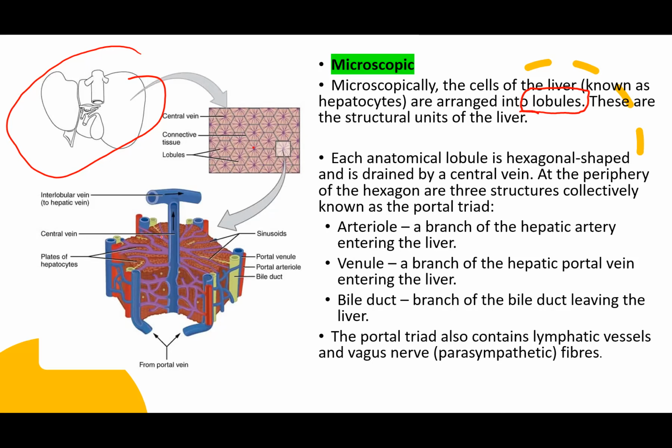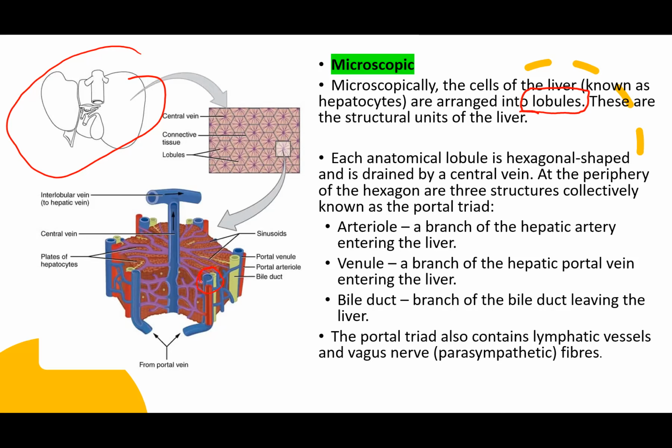At the periphery of the hexagon are 3 structures collectively known as the portal triad. At the periphery of each hexagon, you have the portal triad: the arteriole, a branch of the hepatic artery, entering the liver, a venule, a branch of the hepatic portal vein, entering the liver, and the bile duct, a branch of the bile duct leaving the liver.